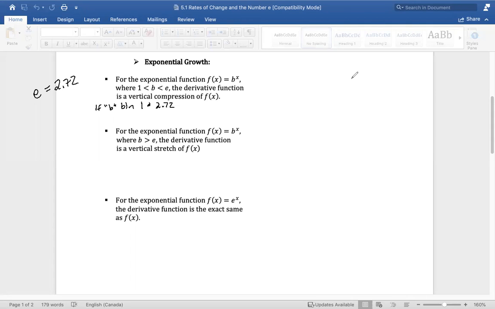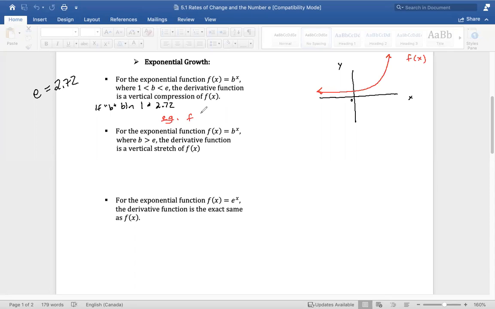So for example, if I was to graph this, if you remember what exponential growth looks like. So let's say this is my x, right? This is my y. Don't really need to state the origin, but my growth curve here, right, usually starts horizontal and gets more and more vertical. So this is my original function, f of x. If my b value, so if the base is between 1 and 2.72, okay, so for example, I'm just throwing a number out there, right?